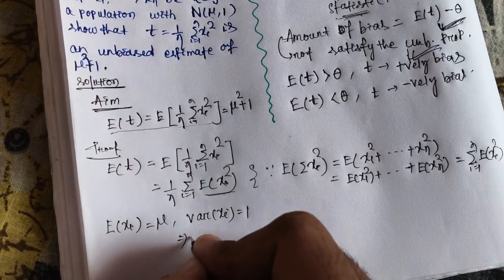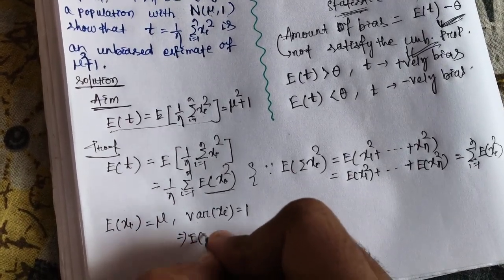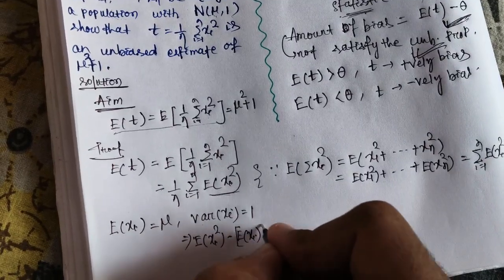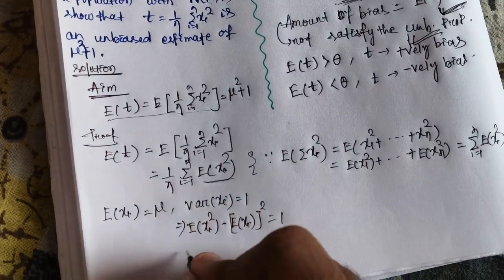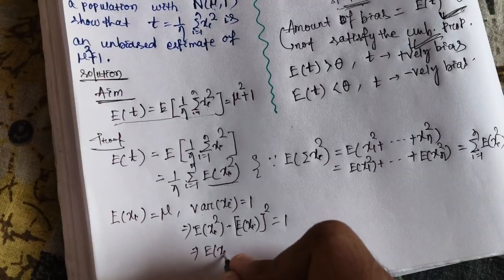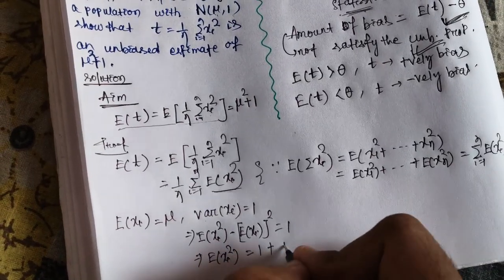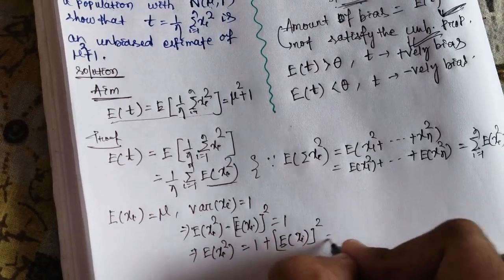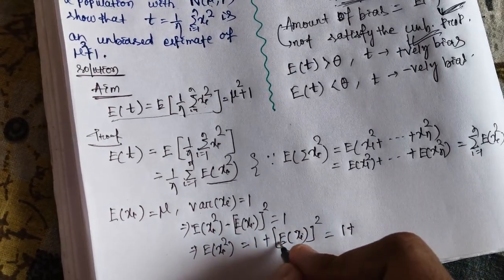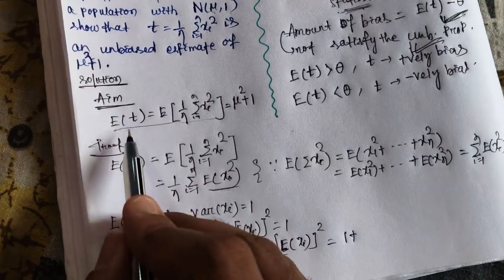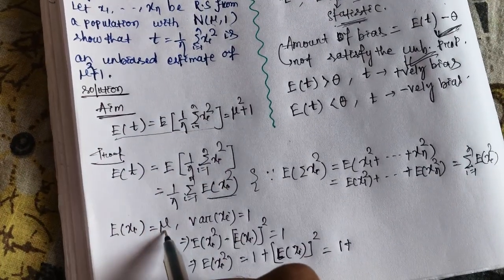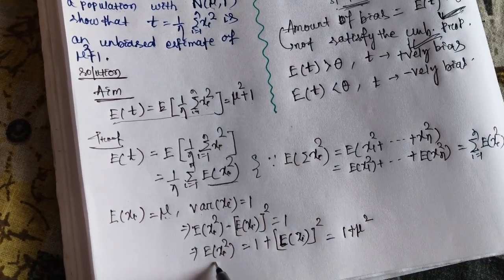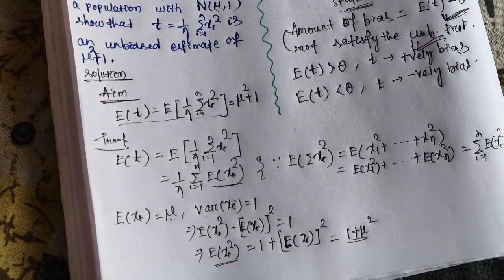We know the variance formula in the expectation form: expected value Xi square minus expected value Xi whole square equal to 1 is given to us. So expected value Xi square equal to 1 plus expected value of Xi whole square. Here expected value of Xi is mu, given to us, so this is mu square. So expected value of Xi square equal to 1 plus mu square.